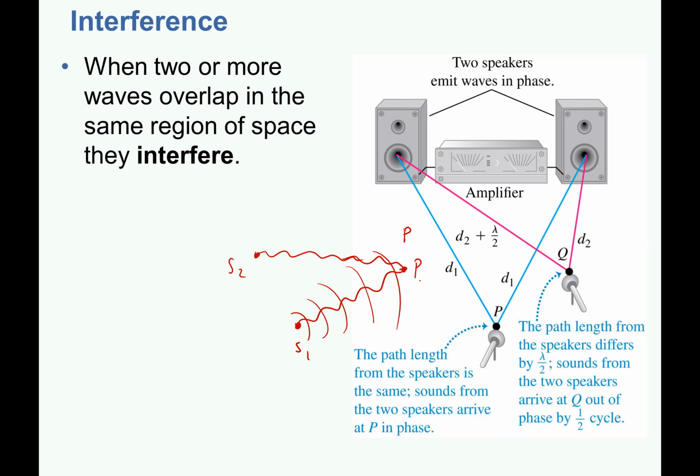So if I'm considering this point P and I have two sound waves reaching it, at that instant those two sound waves are overlapping. We can say they interfere. They can either amplify the sound, make it louder, or they can cancel the sound, where the sound completely disappears.